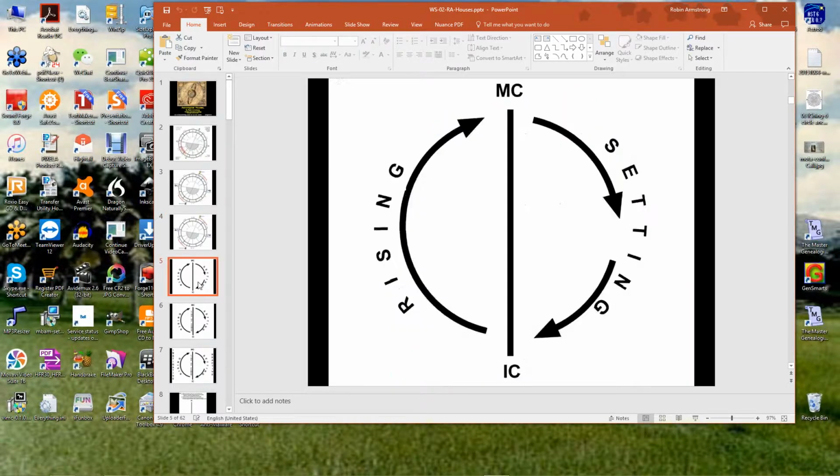So to start with, we have the highest point, the MC, the lowest point, the IC, and we have half of the sky rising. We're standing on the earth and half of the sky is coming up from the point underneath us to the point highest up above us. That half of the sky is rising. In the northern hemisphere, we look south to see the sun.